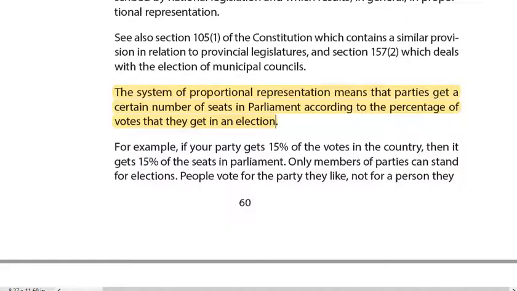Your answer is, the system of proportional representation means that parties get a certain number of seats in parliament according to the percentage of votes that they get in an election. You don't have to necessarily discuss this example below here. You can if you like, but it's not necessary.